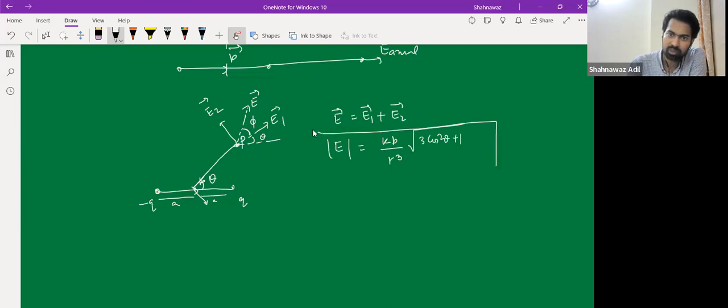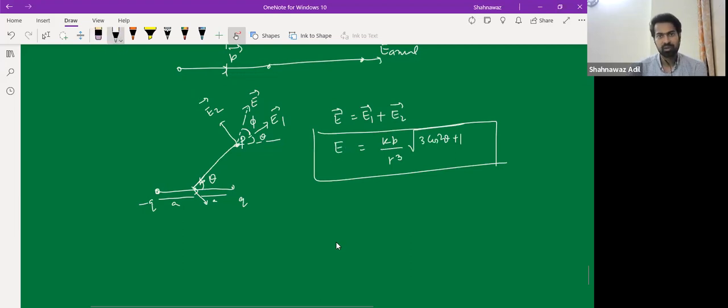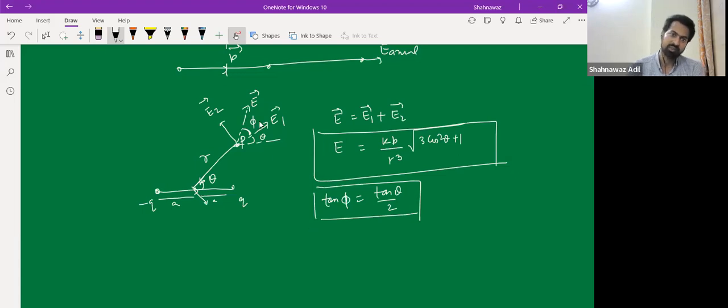This is the magnitude of the electric field at the general point. And the angle is this: tan phi is equal to tan theta by 2. So this is the direction of the electric field.